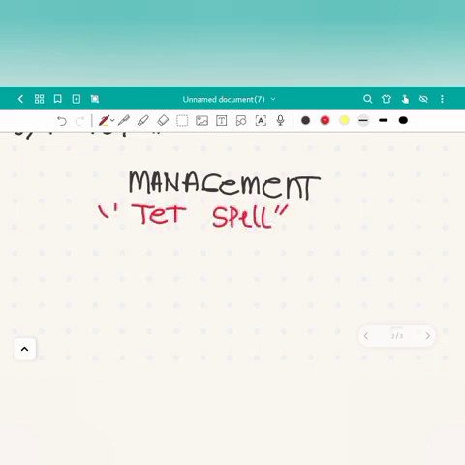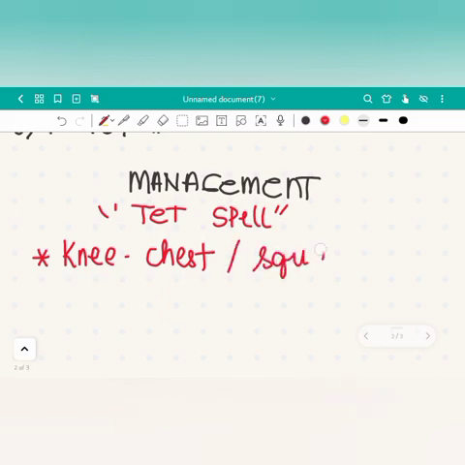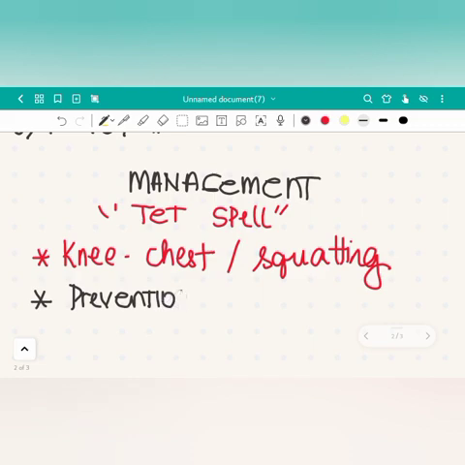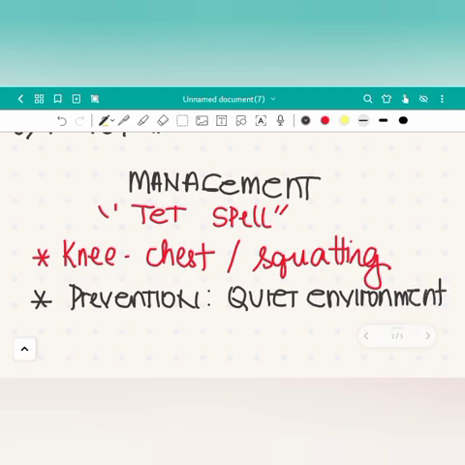So as a safe nurse, how are we able to manage that spell? If the patient is an infant, we should keep them in knee-chest position, or if the patient is an older child, we should keep them in squatting position. And for preventing that spell, we should provide a quiet environment for the patient.